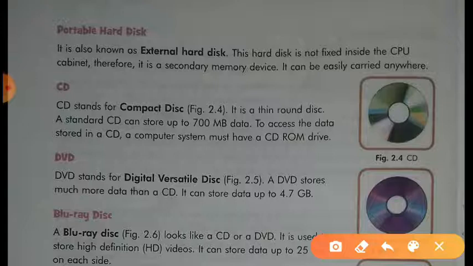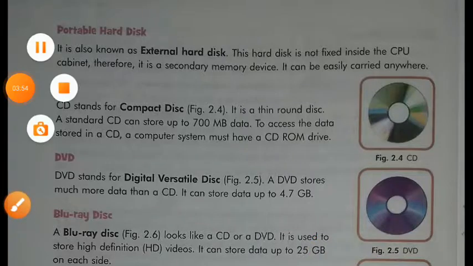A DVD can store data up to 4.7 GB. So this is the difference between CD and DVD: a CD can store up to 700 MB of data and a DVD can store up to 4.7 GB of data.